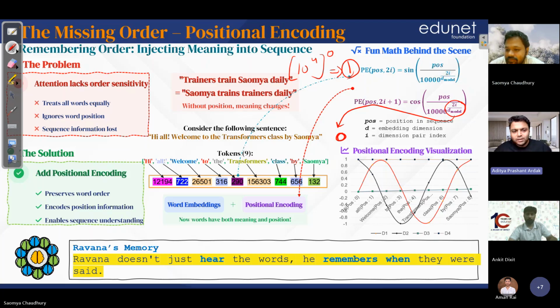I want to add just one point here. What we have here is 10,000 to the power of 2i divided by the dimension of the model. So there is one fact about it: whenever this model value, the d value, becomes 0 by mistake, or mistakenly anybody has put 0 there, that is never possible.